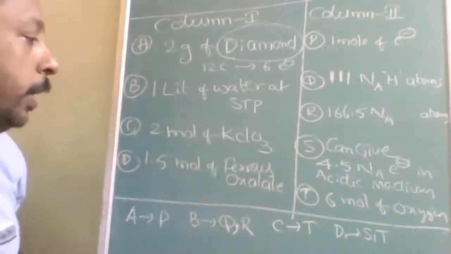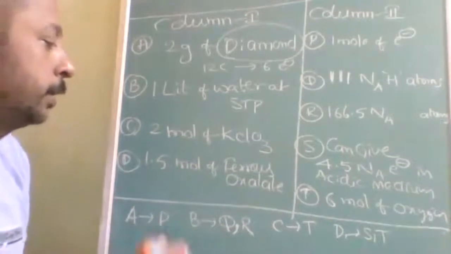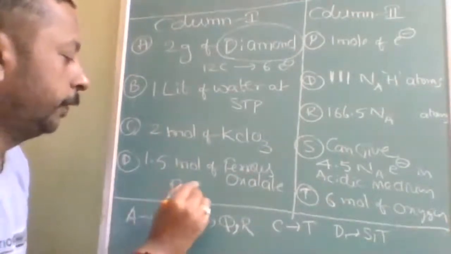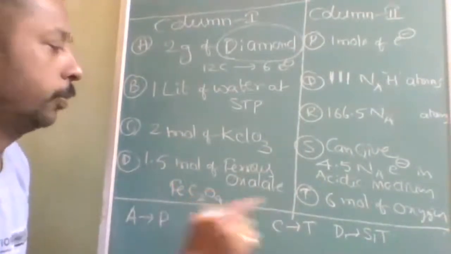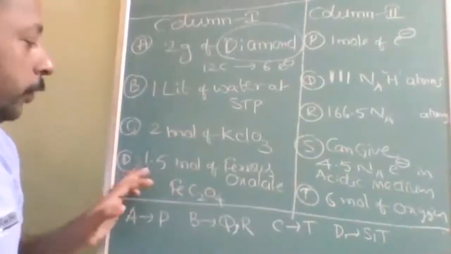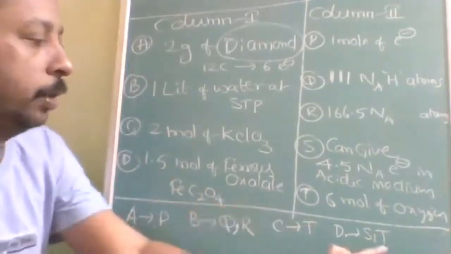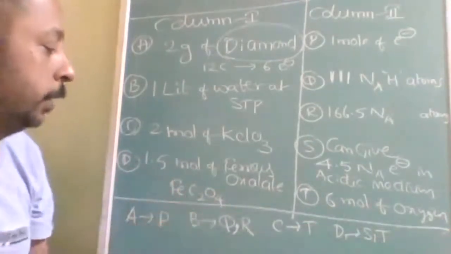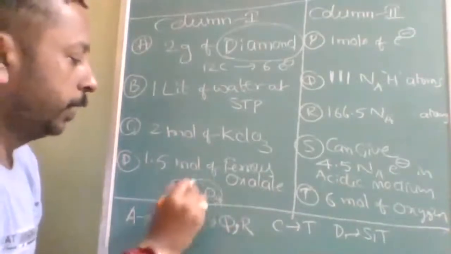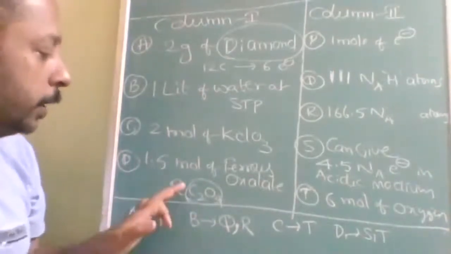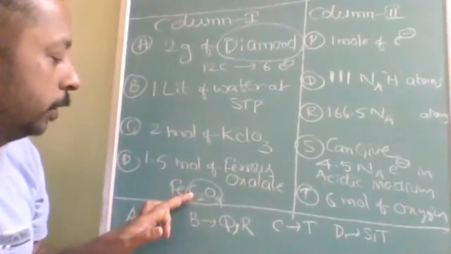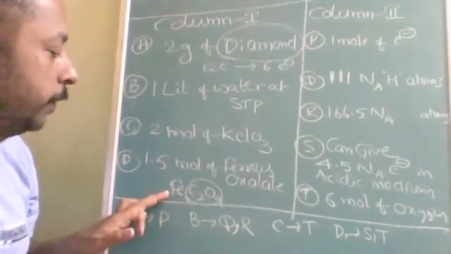Next, same way, ferrous oxalate. Ferrous oxalate means FeC2O4. Okay, now it is fine. So 1.5 mole will contain 6 mole of oxygen, and here you must already be aware that carbon can give 2 electrons and iron can give 1 electron.